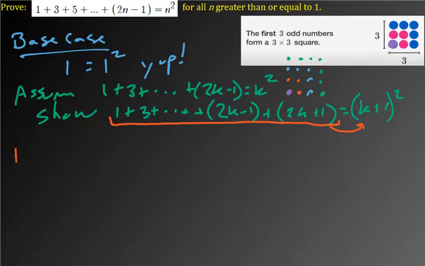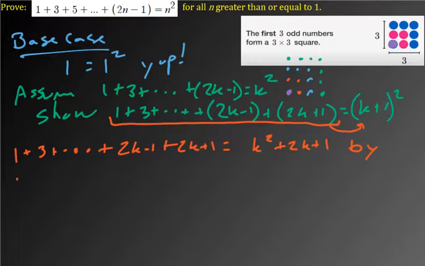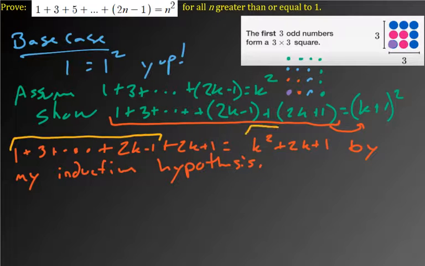So I know that 1 plus 3 plus dot dot dot plus 2k minus 1 plus 2k plus 1 equals k squared plus 2k plus 1 by my inductive hypothesis. And that's just because all I did was substitution. I took this part, and it's k squared right there, right? So that was my thing I had to work with.